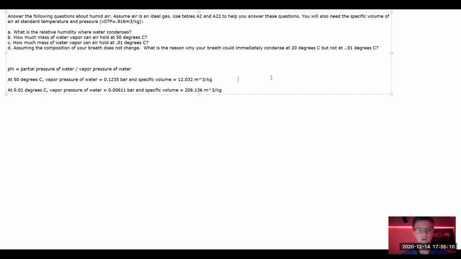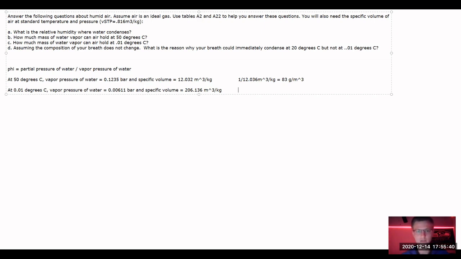So here I've just populated what I just said, and from the specific volume that we've determined, we can find the density or the mass per unit volume of the water vapor at a given temperature for our system. So this is very simple. It's just going to be 1 over 12.036 meters cubed per kilogram, and that's going to give us 83 grams per meter cubed.